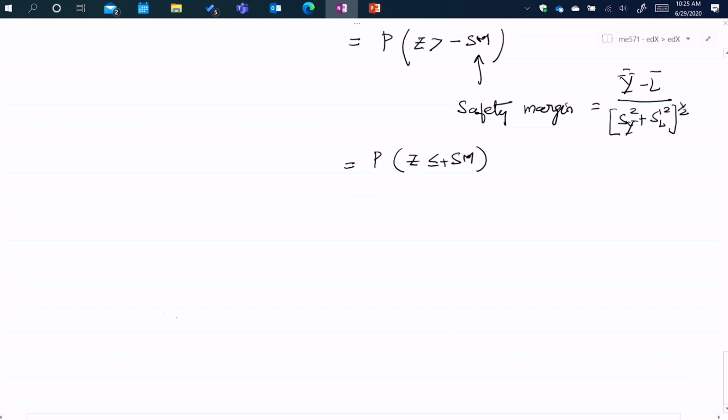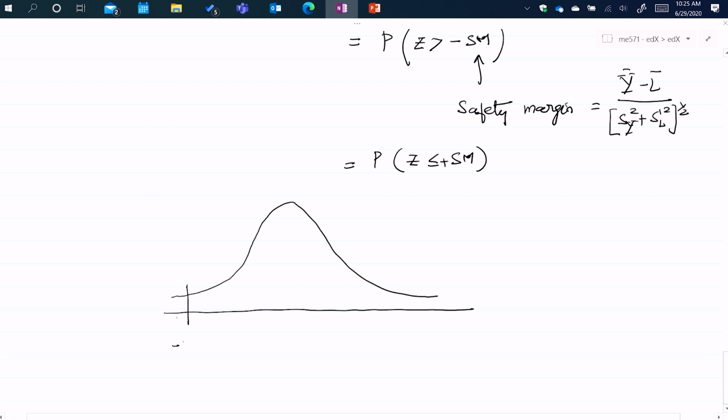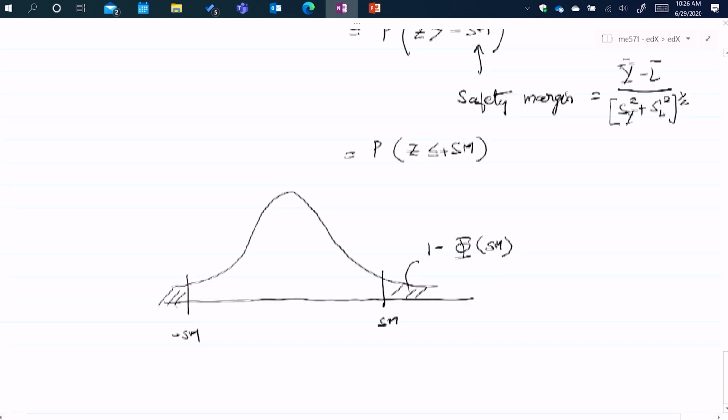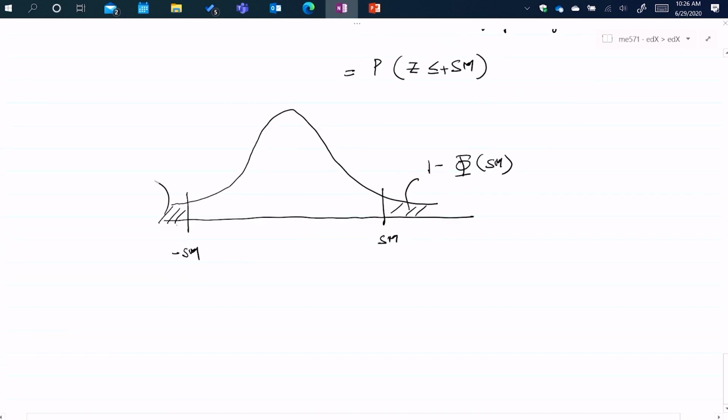Well, let's draw the standard normal distribution. Let's say this is my negative safety margin, this is my positive safety margin. So this probability is the same as this probability. This quantity is 1 minus phi of safety margin. And this is phi of safety margin.